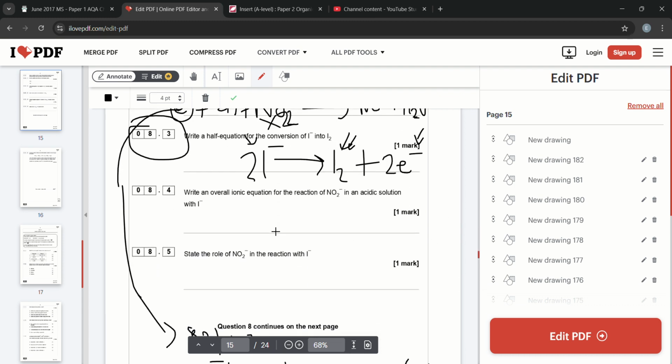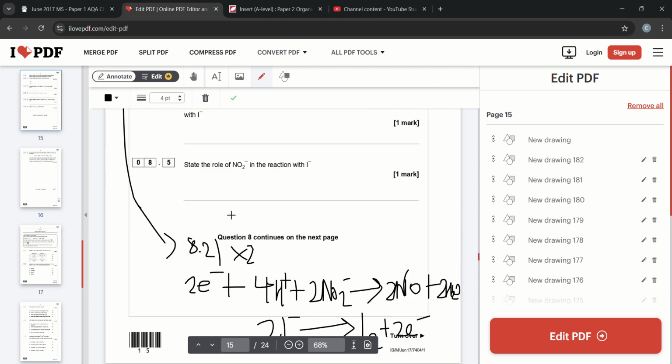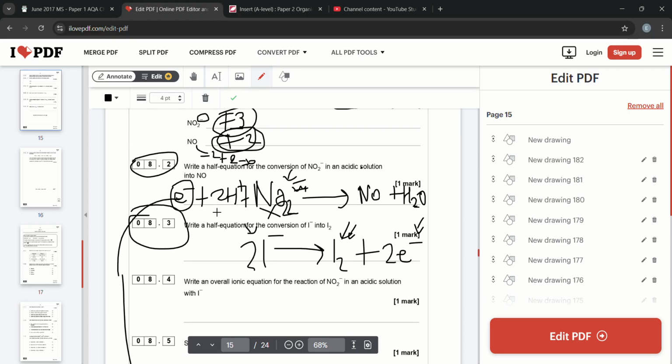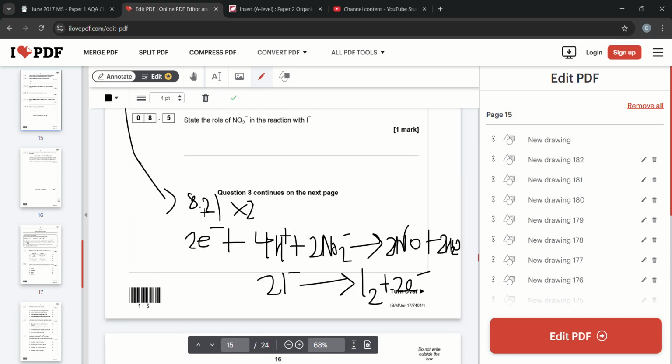And then the equation from 8.3, we couple them together. Because we timesed equation 8.2 by 2, we now have 2 electrons, and therefore the electrons in 8.2 and 8.3 will cancel out. Now we just add them all up.